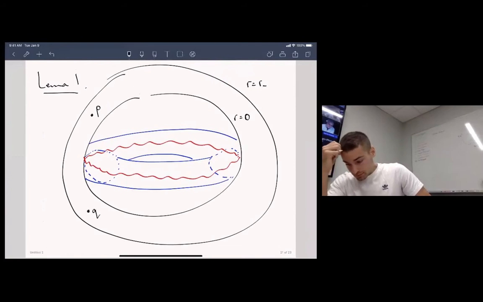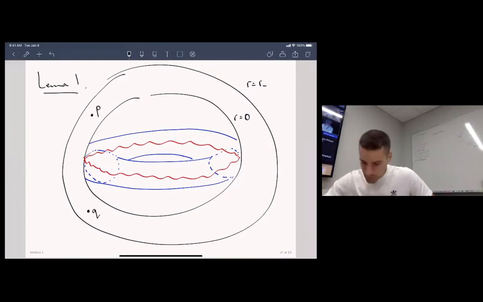The point is that you want the time coordinate as you leave P and go into the future to go up, right? The time coordinate along a future directed time-like curve goes up. But you want to bring it to Q and eventually join them up with a curve to get a closed time-like curve.